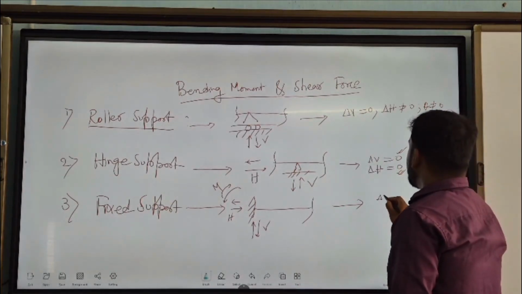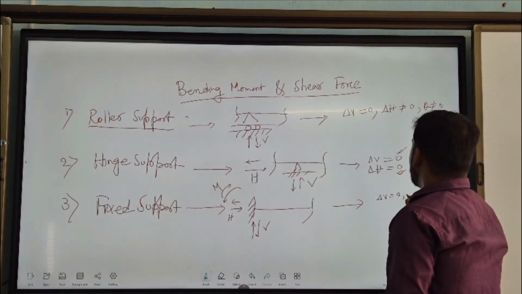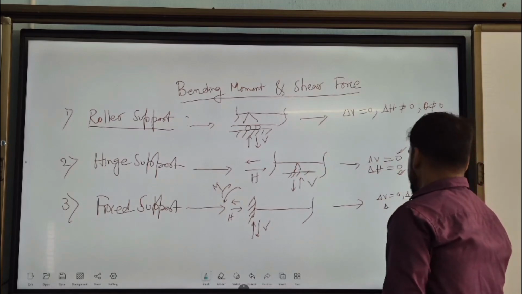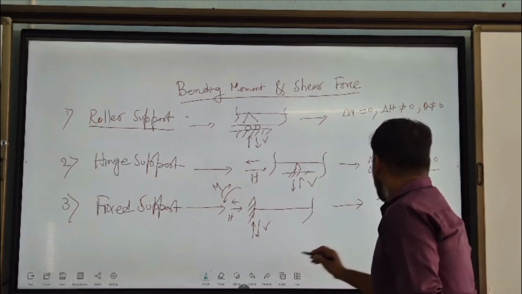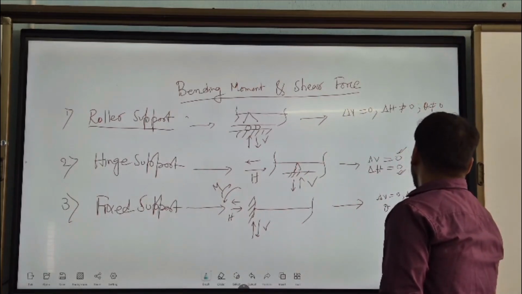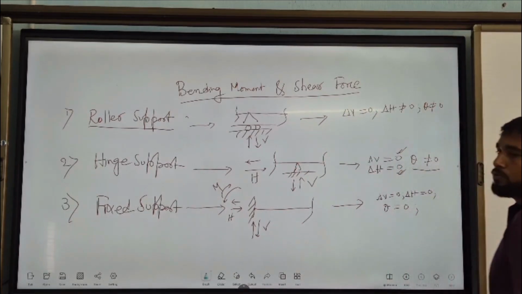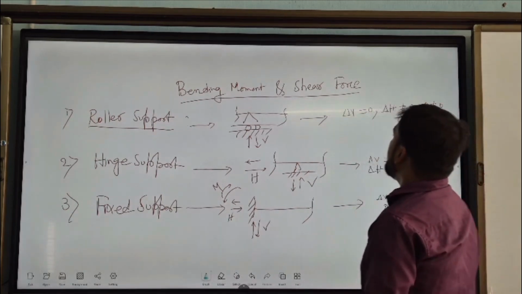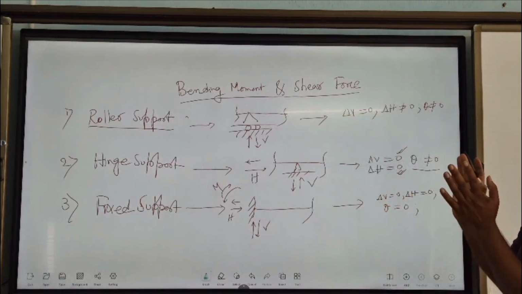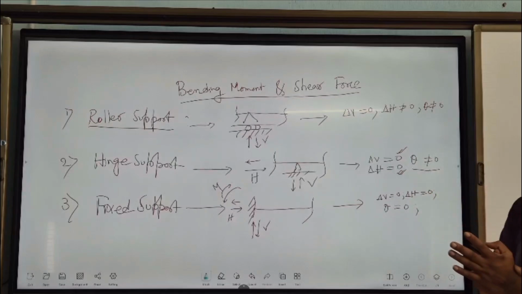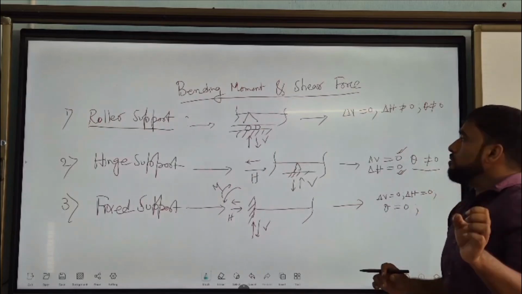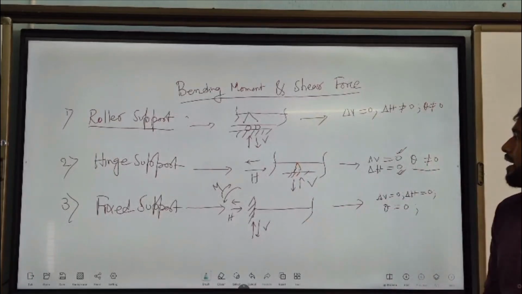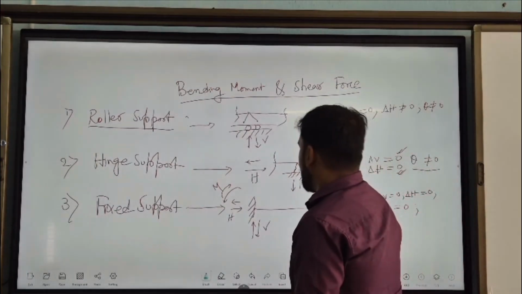So small displacement delta V is equal to 0, small displacement delta H is also 0, as well as theta is also 0 in case of a fixed support. Whatever the supports are, these supports will be used to discuss the bending moment and shear force diagrams. Okay.